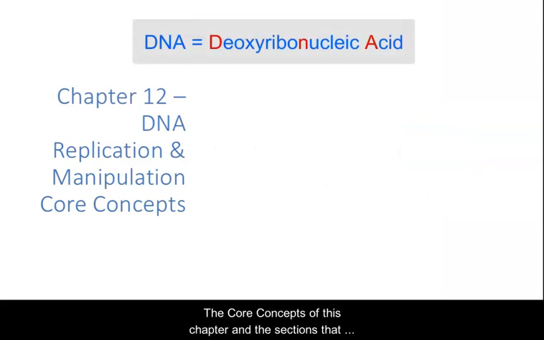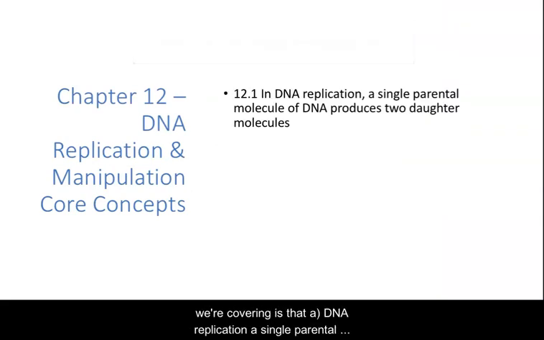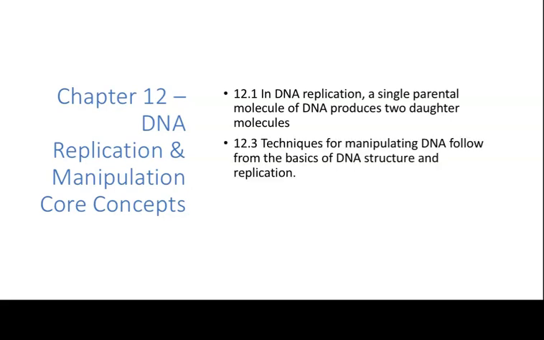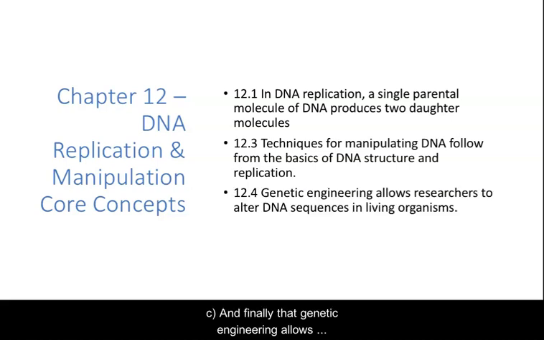So the core concepts of this chapter and the sections that we are covering is that with DNA replication, a single parental molecule of DNA provides two daughter molecules. Also, the techniques for manipulating DNA follow from the basic structures of DNA and DNA replication. And finally, genetic engineering allows researchers to alter DNA sequences in living organisms.